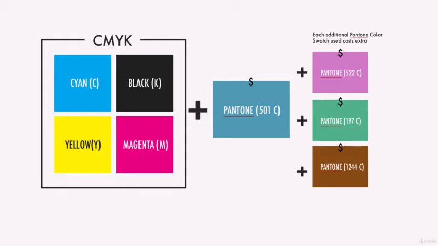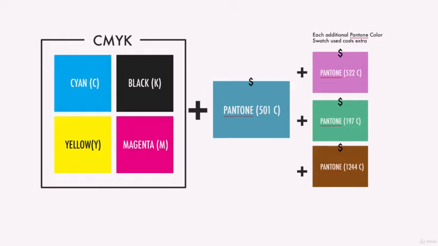It's an extra plate. So if you have 5 Pantone colors used on a CMYK print project, the CMYK is 4 printing plates for inks. This is how they apply the ink onto your printed project. You would add 5 more. So you'd have 9 different color ink plates that would be printed on your project. They have to create these big metal plates that come down and stamp that color.